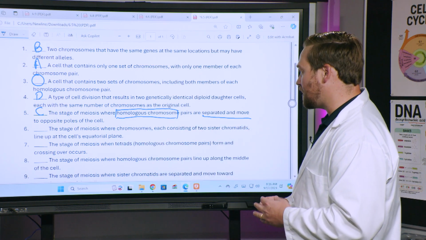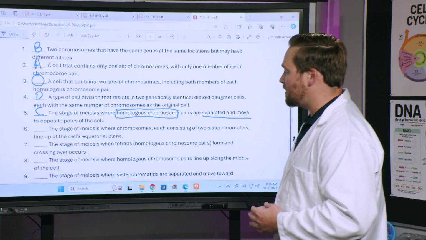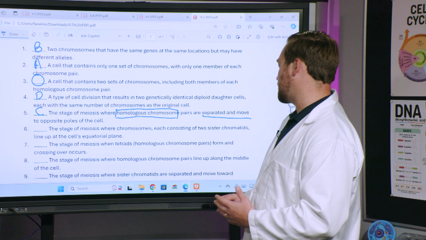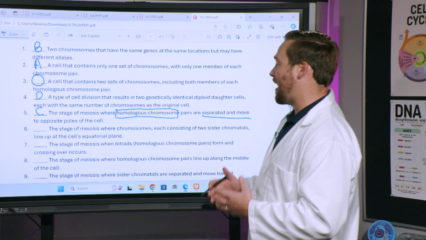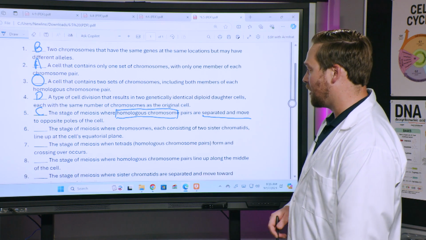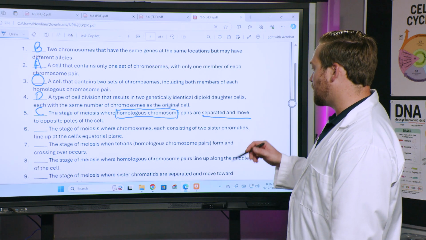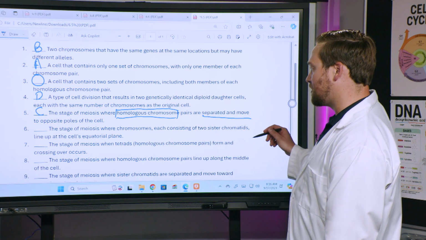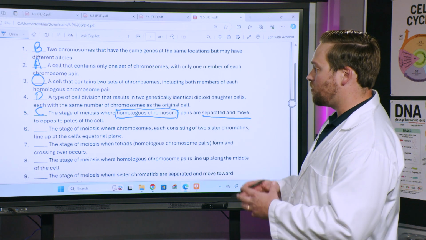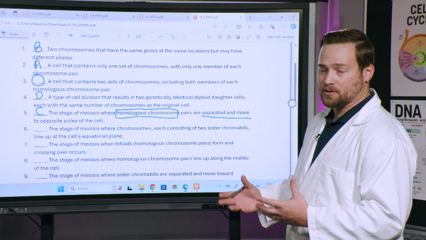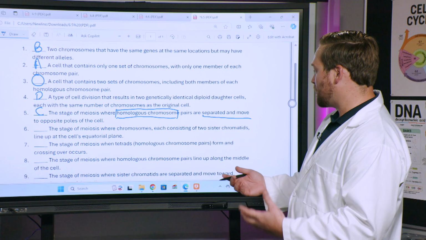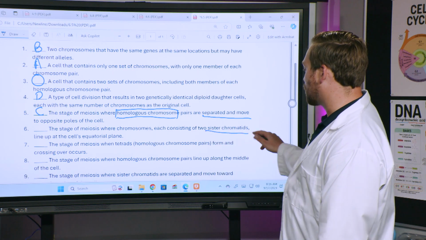So let's go to 6 here. 6 says, the stage of meiosis where chromosomes, each consisting of 2 sister chromatids, line up at the cell's equatorial plane. Okay, so I don't see anything about homologous chromosomes, it just says chromosomes, and then it says 2 sister chromatids.